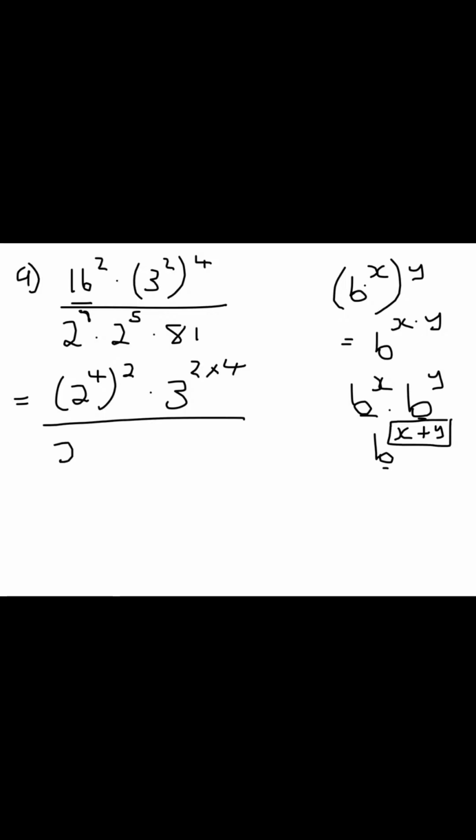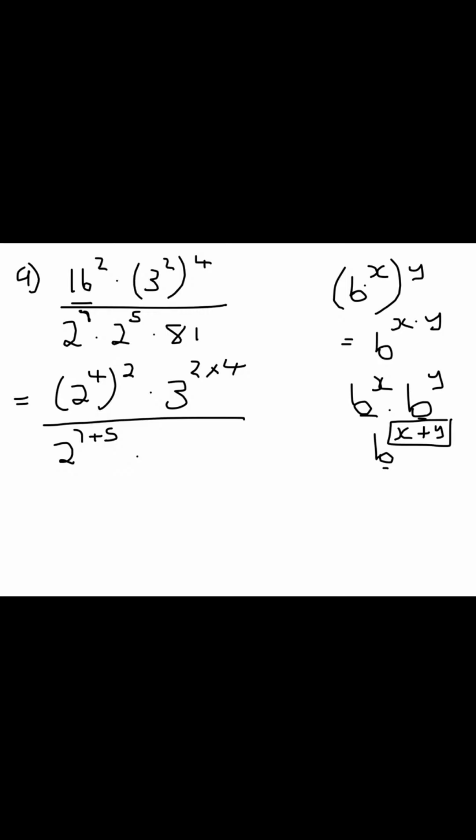You see there the base is 2. I'm no longer going to write 2 of them, but I'll write 1 and take those exponents and add them together. Then this big base, 81, we need to rewrite in the form of a base and an exponent.